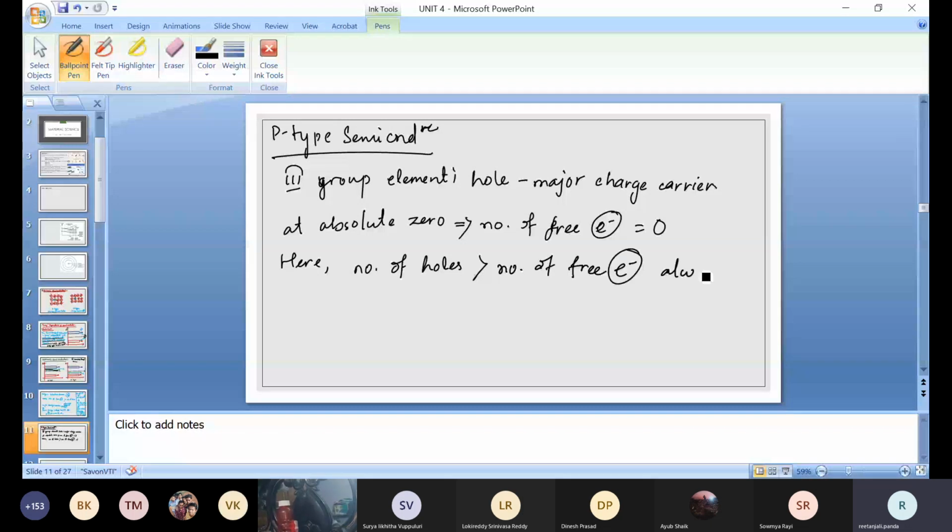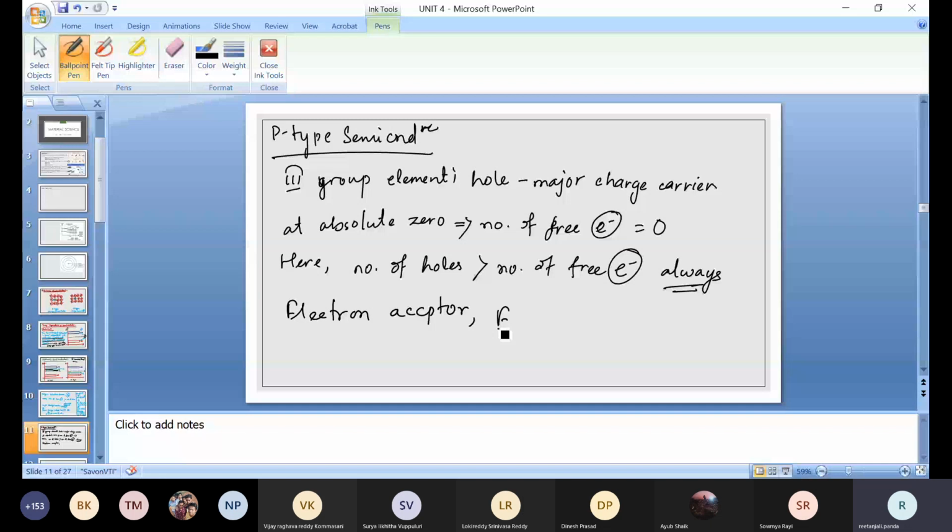Okay, so here what happened is it is not donating any electron, it is accepting the electron, right? That is why it is called your electron acceptor, and because of which it is also having an energy level of EA.